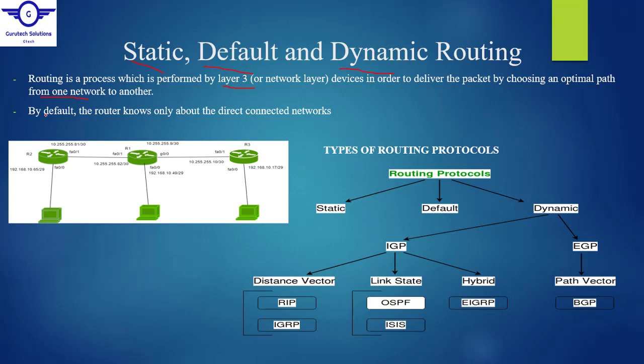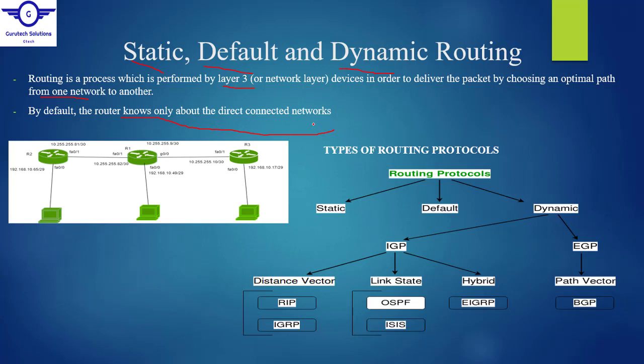Okay, so by default a router knows only the directly connected networks. Underline this one, guys. By default a router knows only the directly connected networks.